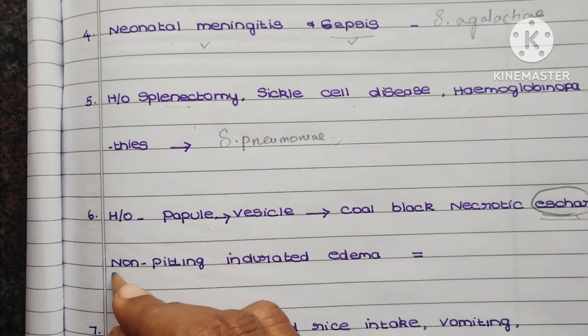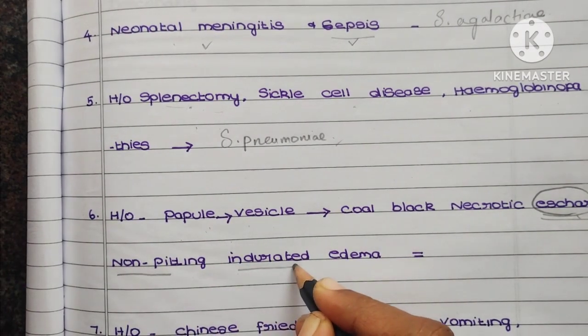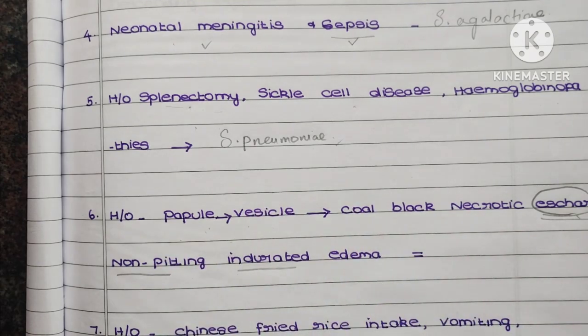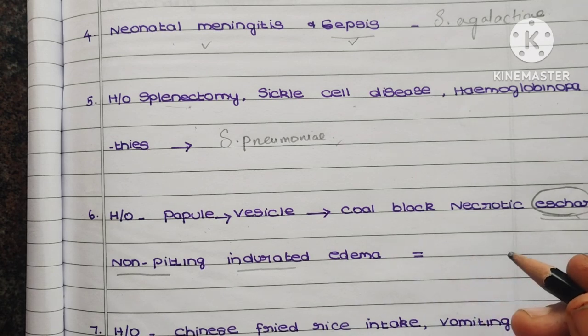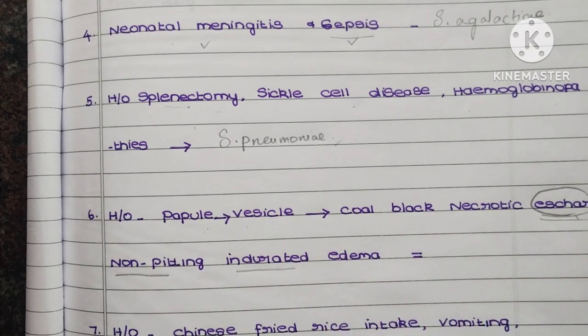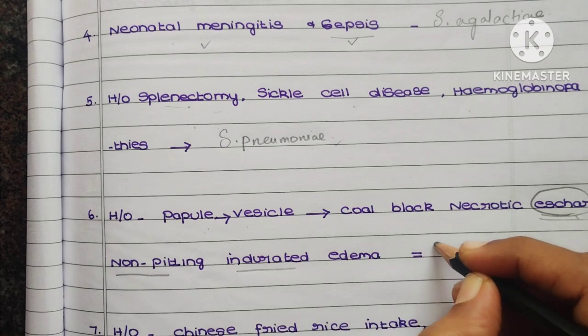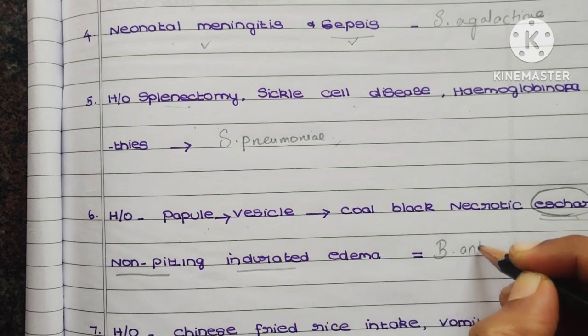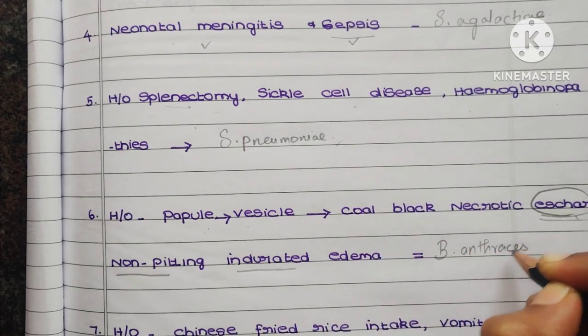Here there is non-pitting indurated edema, and in this question there is no history of any bites. If they had given a history of a bite, or the person went into a forest, then you can go for scrub typhus. But here they didn't give any history of a bite, so you can make out it is Bacillus anthracis.